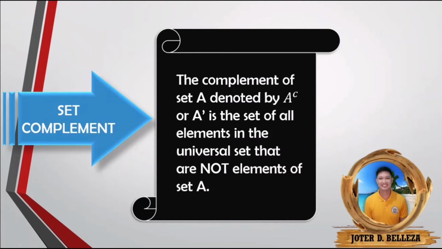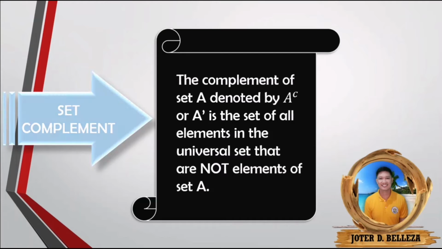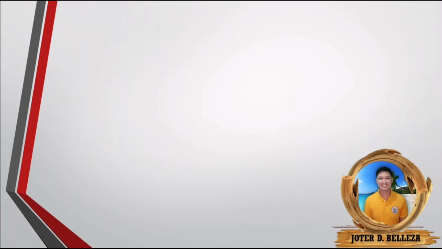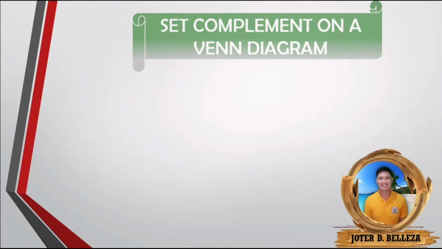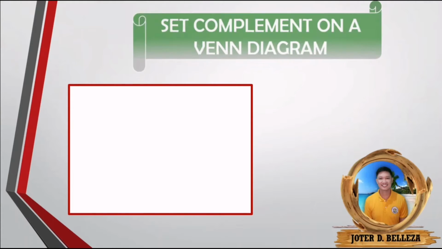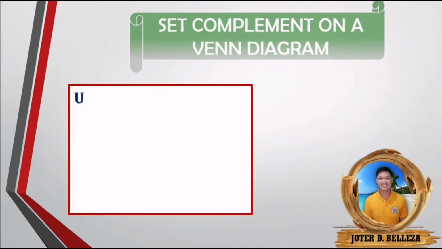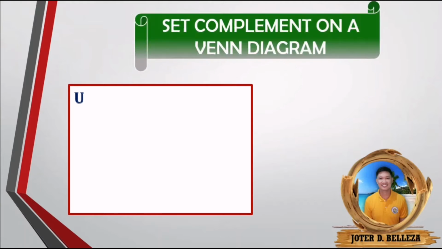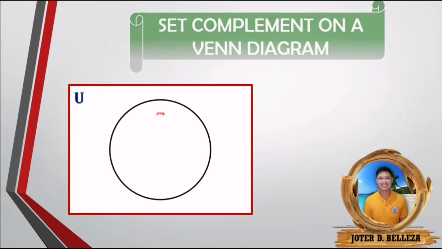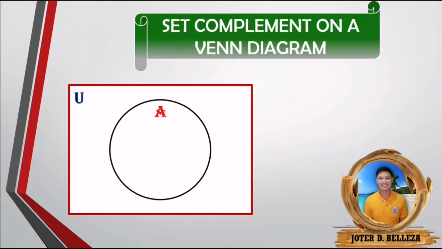So to have a clearer picture of the set complement, I'm gonna show you a Venn diagram so that you will understand better what complement of set means. Alright? So I have here a universal set and set A inside.